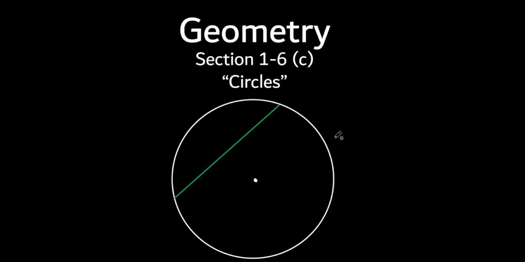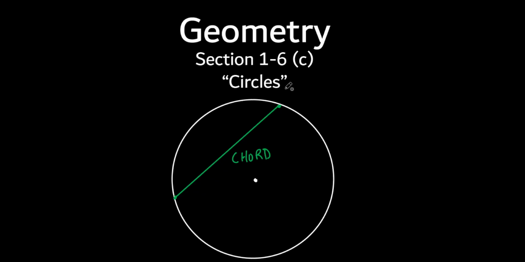It's not. Why not? That's right. It only hits the circle at one side, not two sides. Radius hits the center, but it only hits the circle in one point. A chord, let's jot that down. It's C-H-O-R-D. A chord hits the circle in two places, right there and right there.